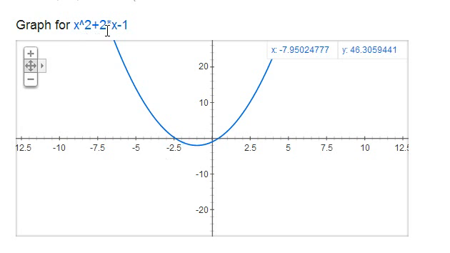So here's our function x squared plus 2x minus 1, and we're going to want to find where this function is increasing and decreasing, and the point at which it's either a minimum or a maximum, or maybe there's more than one point. There could be a min or a max.